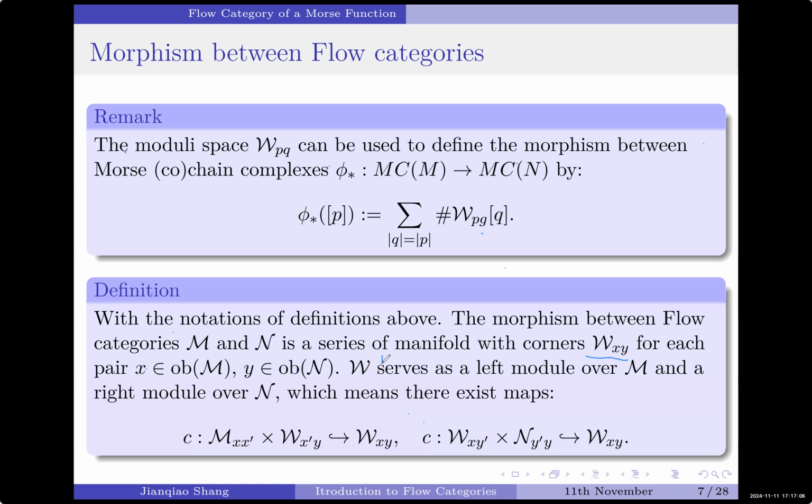Moreover, I claim that such W is a left module over M and a right module over N, and so the embedding can be studied as follows.